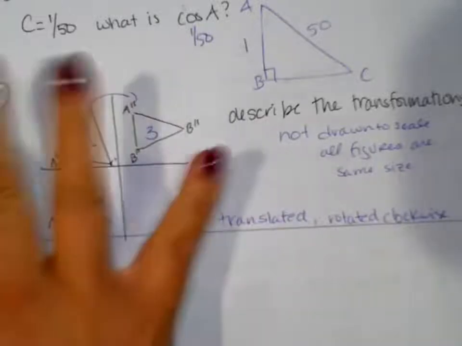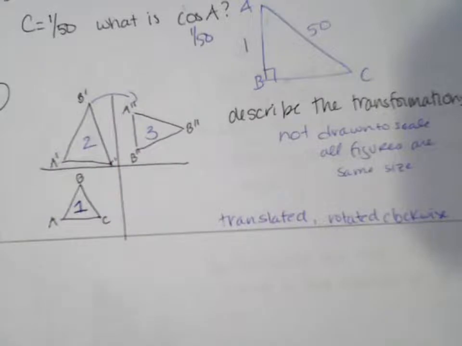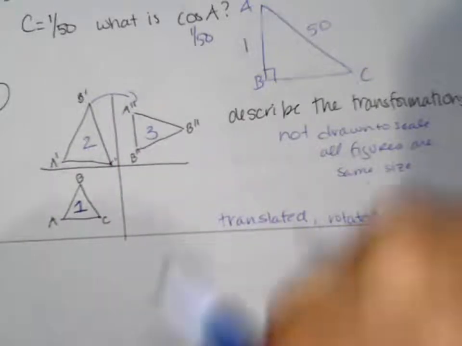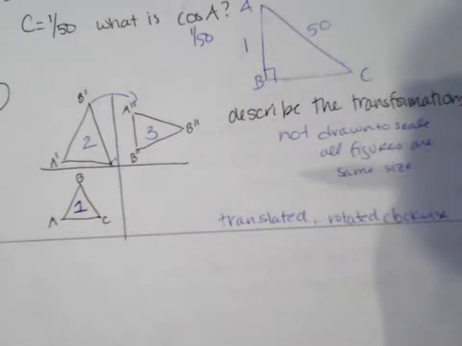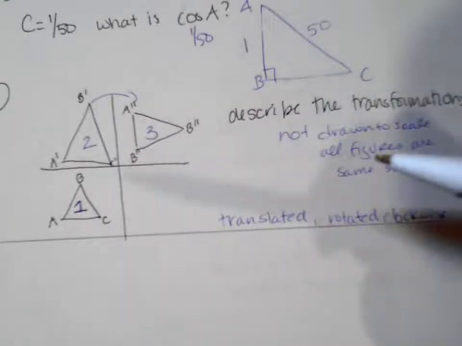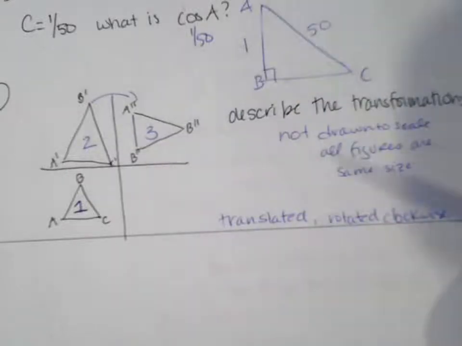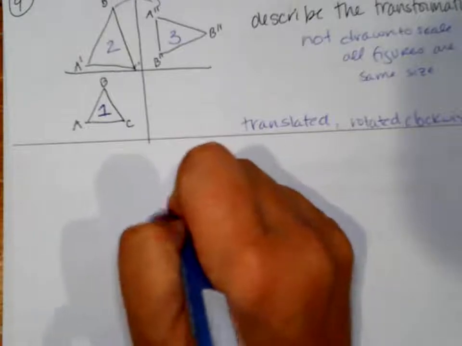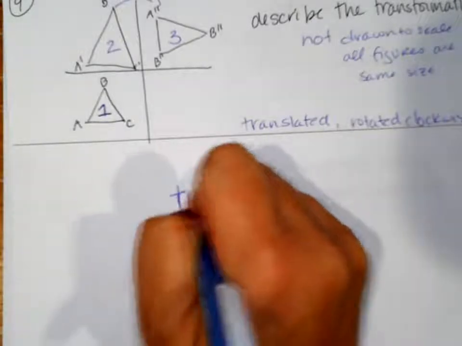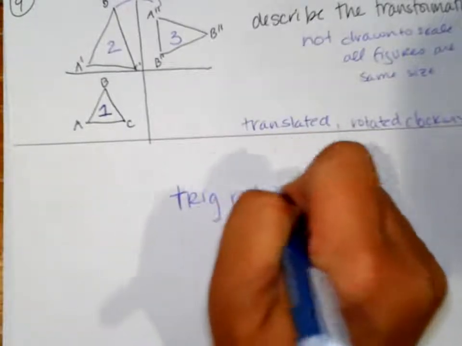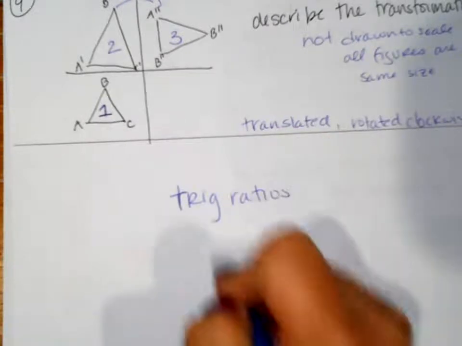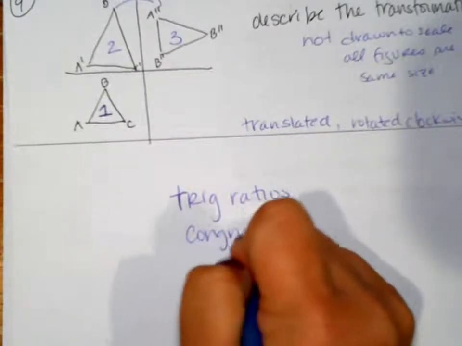This, like I said, was a short review sheet. I know some of you guys got different review sheets, which is fine. But again, at least 50% of your exam tomorrow is going to be multiple choice. So questions like this are not all going to be free response like I had them on this review sheet. It's going to be the trig ratios, which is a big thing. The congruency.